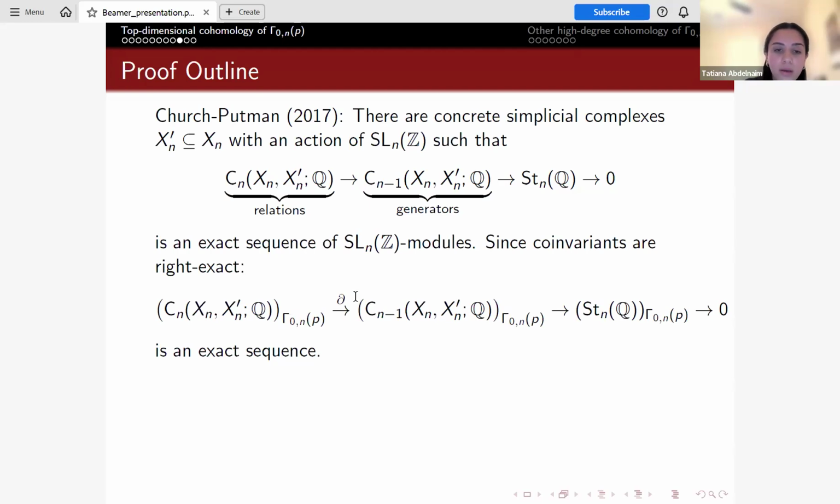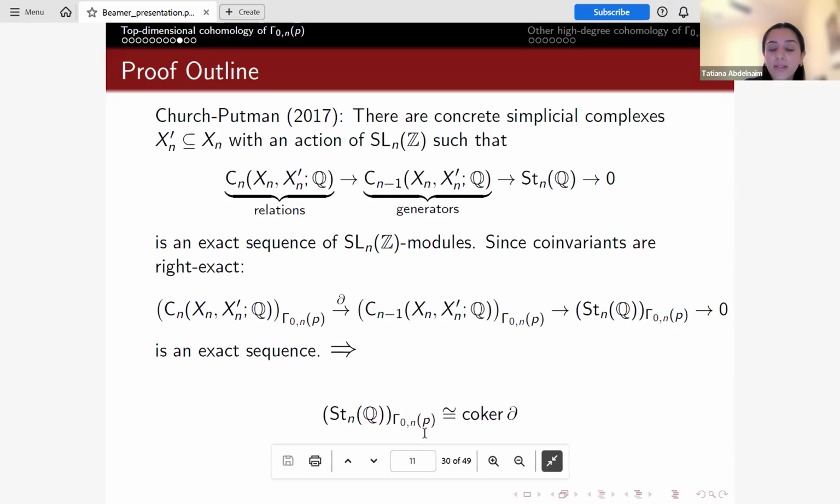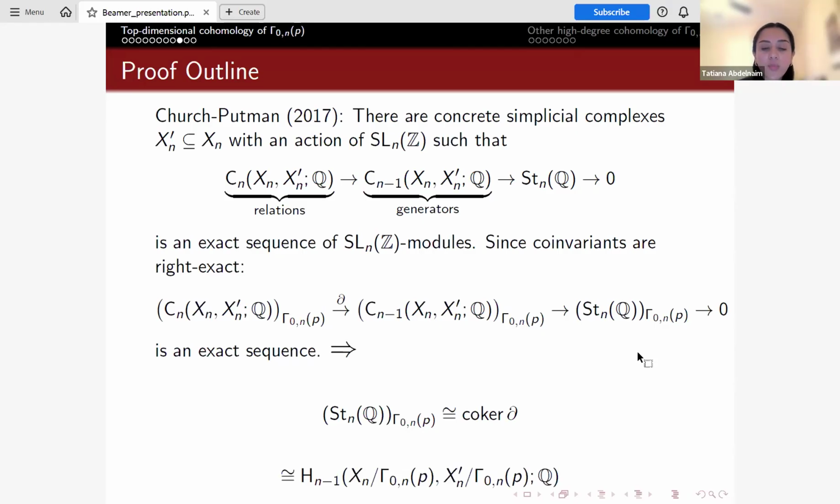I'm going to call this boundary map here del. And now with this exactness, we have that the coinvariants are isomorphic to the co-kernel of this map. And then it turns out that this is isomorphic to the n-1 relative homology of Xn mod gamma and Xn prime mod gamma.